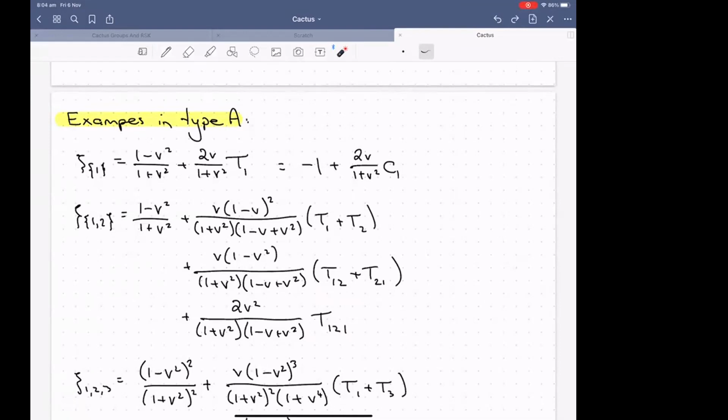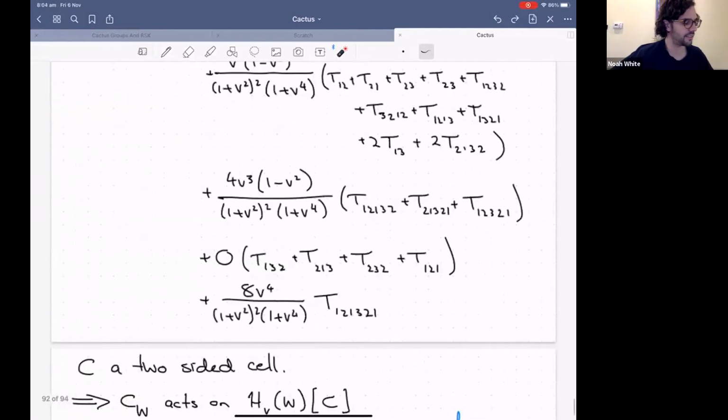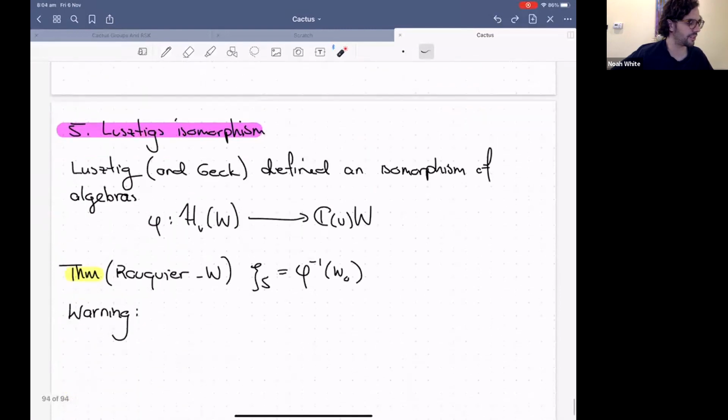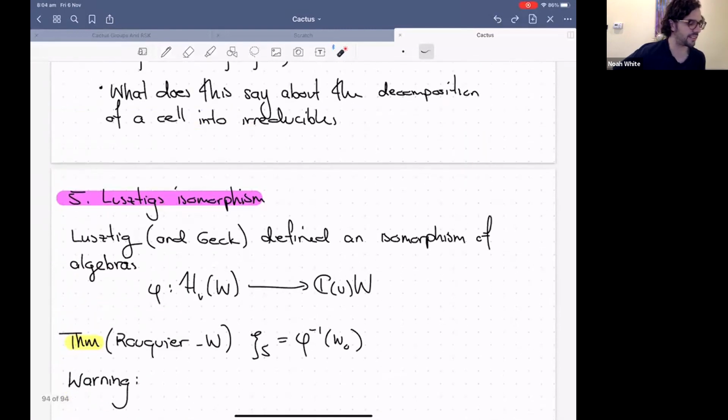Anyway, cool. Another reason that it's hard, maybe I could say: the other thing I was going to talk about is this isomorphism that Lusztig defined between the Hecke algebra and the group algebra. This is something weird.